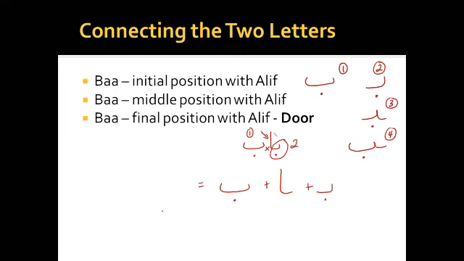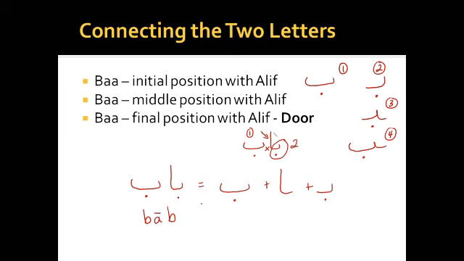So if we add these letters together, we get the word bab. And if we write this in transliteration, it looks like this. Remember to elongate that alif, bab. And there you have your first word.